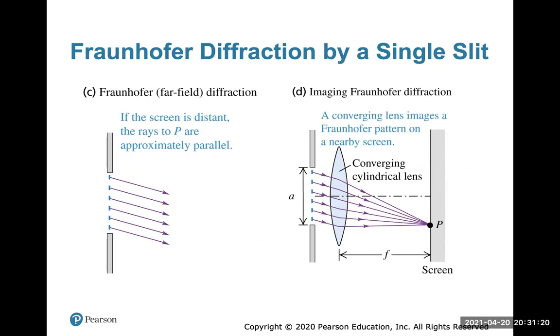But figure C here, that's the sweet spot. Those parallel rays emanating from those individual Huygens sources will have path length differences, just like the path length differences of two slits.